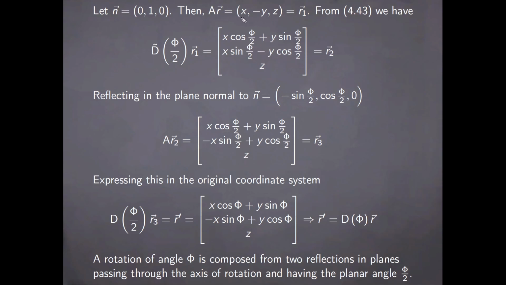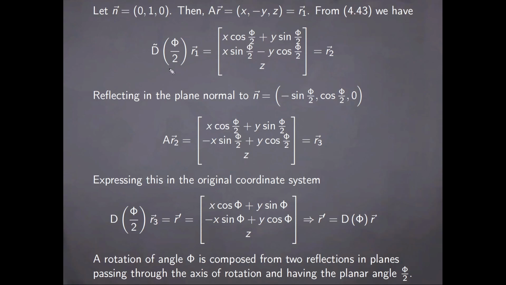And now let us write this vector in a basis that is rotated with an angle phi over 2 with respect to the original basis, so a basis that is rotated with an angle phi over 2 about the z-axis. What this corresponds to is applying the transpose of the matrix defined in 443 on the vector R1, which returns the results here, which are the components of what we call R2.